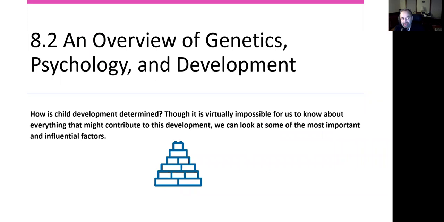An overview of genetics, psychology, and development. How is child development determined? Though it's virtually impossible to know all that really contributes to development, we can look at some of the important, influential factors, and of course, one of them would be the role of genetics.